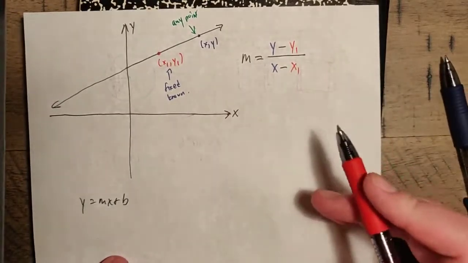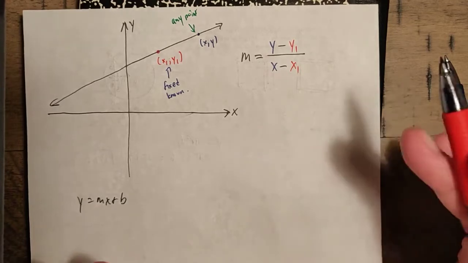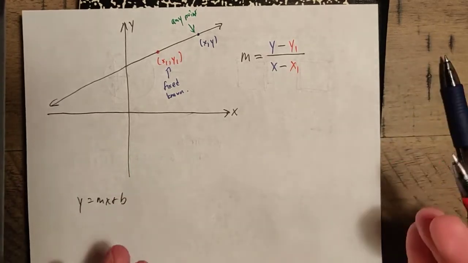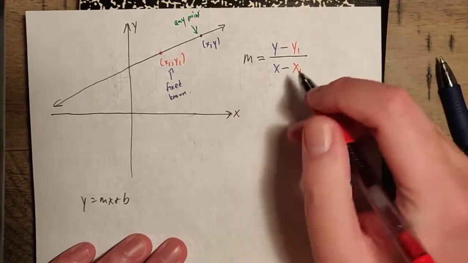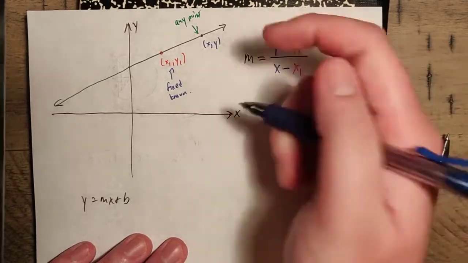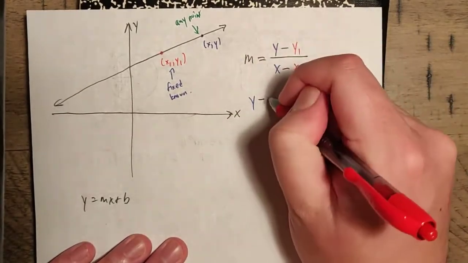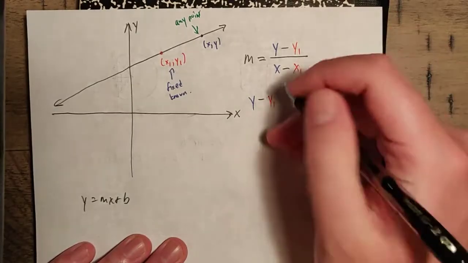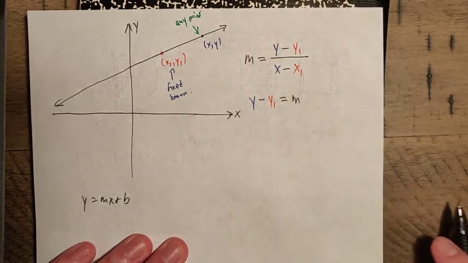So we can go ahead and put this together. Now, of course, we can mess around with this. This is a fraction, and I'd rather not have the fraction here. So I can just multiply both sides by x minus x1 to clear the fractions. When you do that, we're going to end up with y minus y1, and that is going to be equal to m, which is the slope we had, times whatever's left over here.